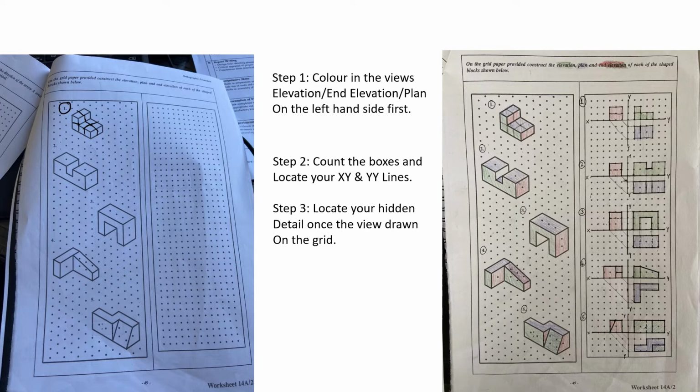And again, if you wanted to use a waste piece of paper to draw what you believe the solution to be, just to make it easier to put onto the grids, do that. Color in the views again like before. So you're going to sketch in all the elevations in green all the way down. Go nice and lightly with your coloring pencils.